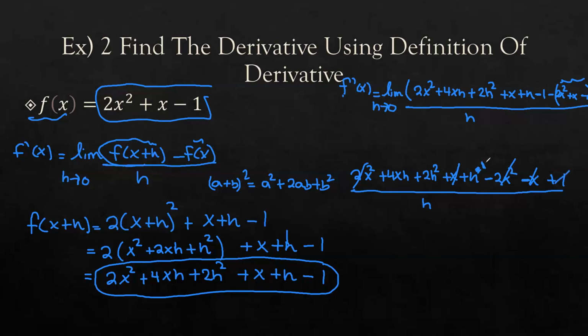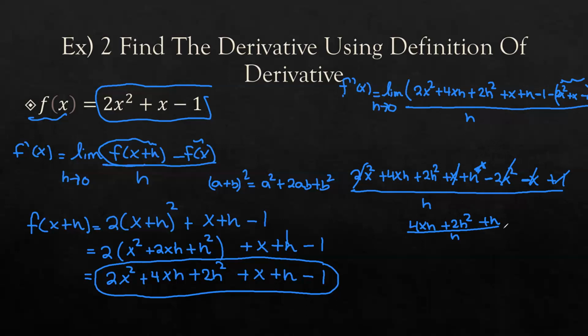So this one cancels. So on the top, you should be left with 4xh plus 2h squared plus h, and then all over h.